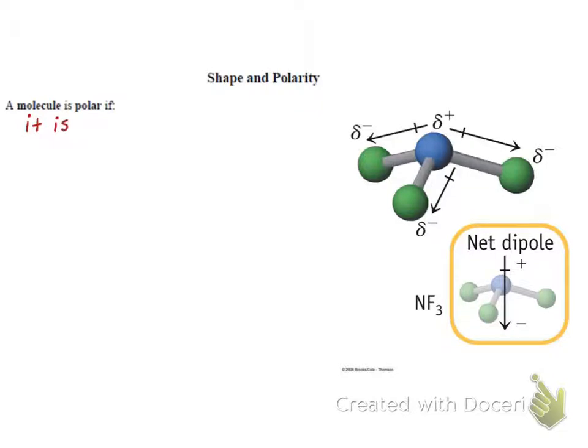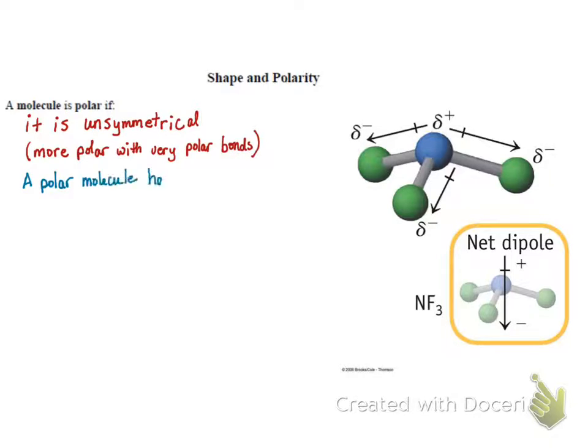So a molecule is polar if it is unsymmetrical, and it's more polar if it has really polar bonds. A polar molecule has what we call a dipole, which means that it is uneven. Here's an example of a polar molecule.